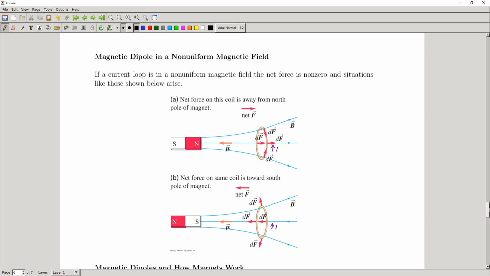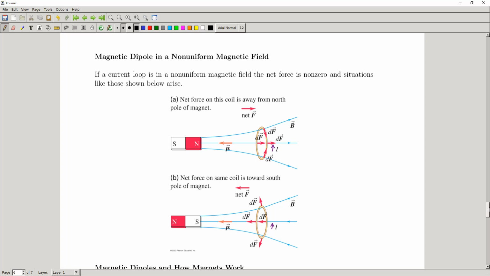So let's think about magnetic dipoles in non-uniform magnetic fields. Everything that we talked about before this point in this video has been magnetic dipoles in uniform magnetic fields. But what if we're in a non-uniform magnetic field? Well, if we're in this non-uniform magnetic field, our current loops are going to have non-zero forces acting on them, right?